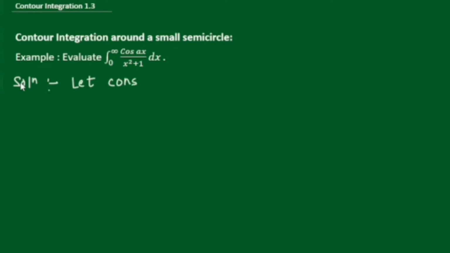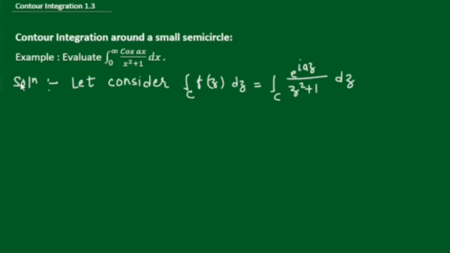So let's consider integral along C f(z) dz is equal to integral along C e to the power iota az divided by z square plus 1 dz.